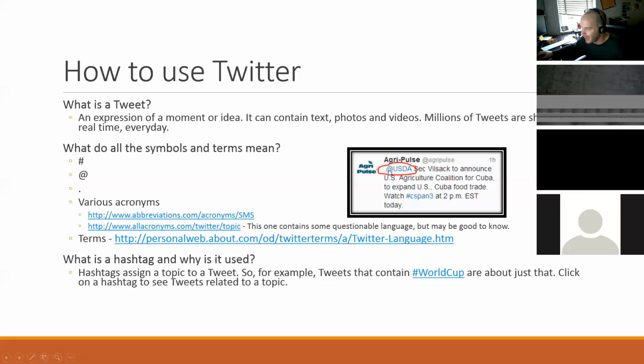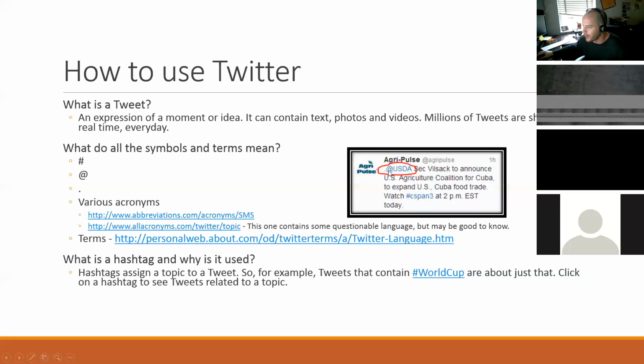So we see that @ symbol there. That @ symbol is going to come before a Twitter username or a Twitter handle. Okay, it's just like the old CB radios. Guys and gals that were active on those had handles. This is going to be called a Twitter handle, or a username, whatever you want to call it.